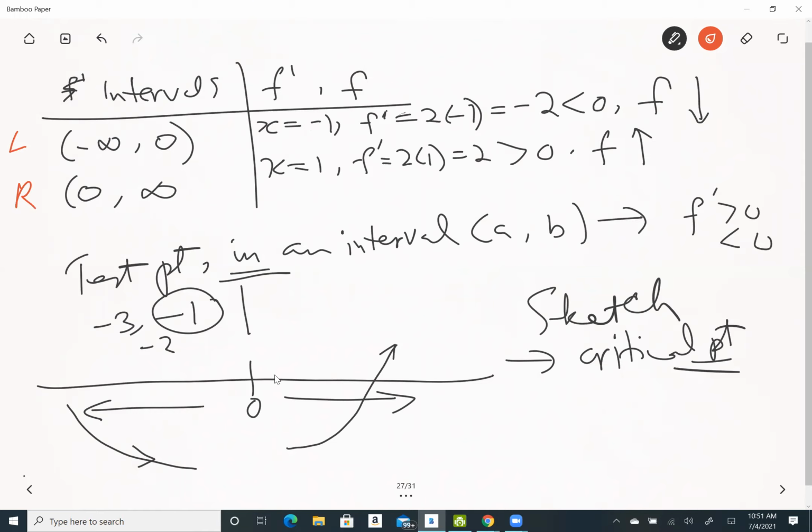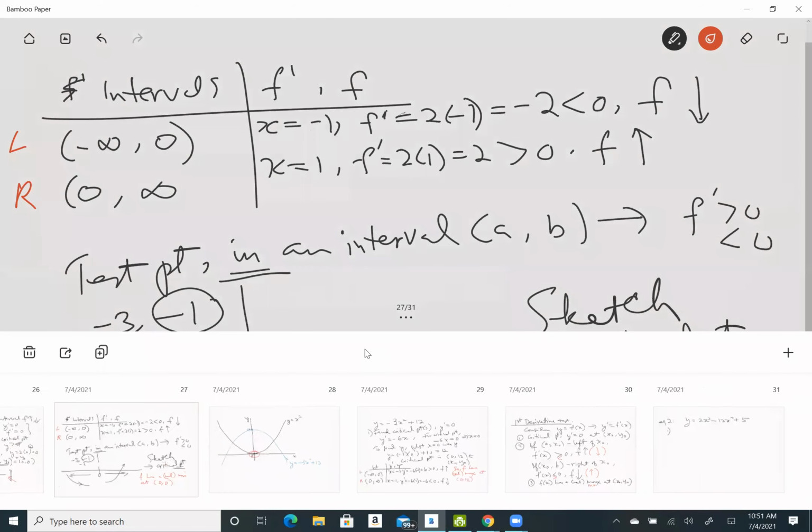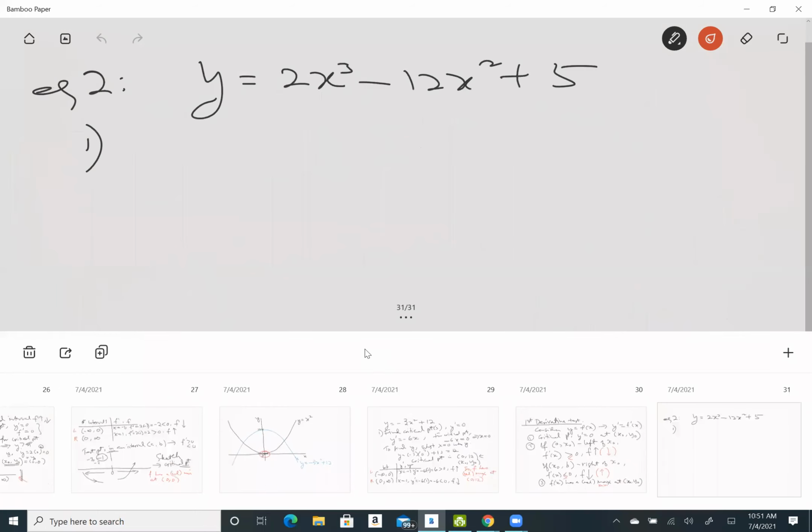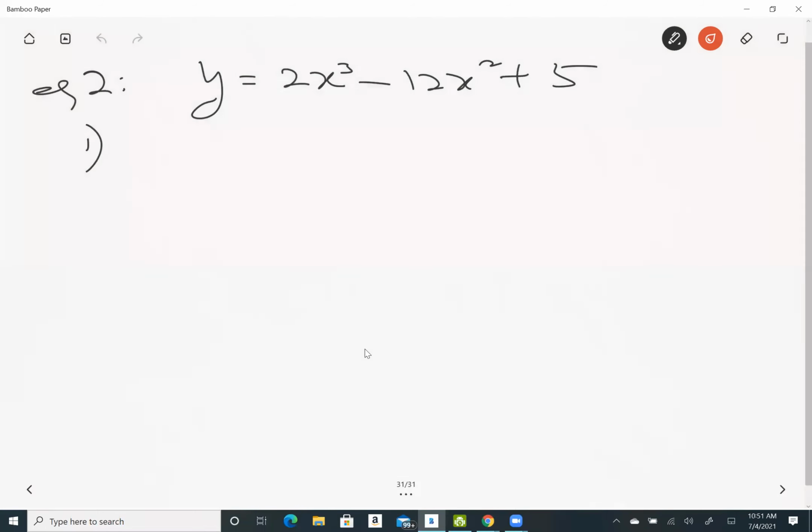Does the function have a maximum or minimum? Minimum. So the function has a relative, or you don't have to say relative, minimum at 0, 0. And that is of course shown by the graph. So that is the first derivative test for maximum, minimum.